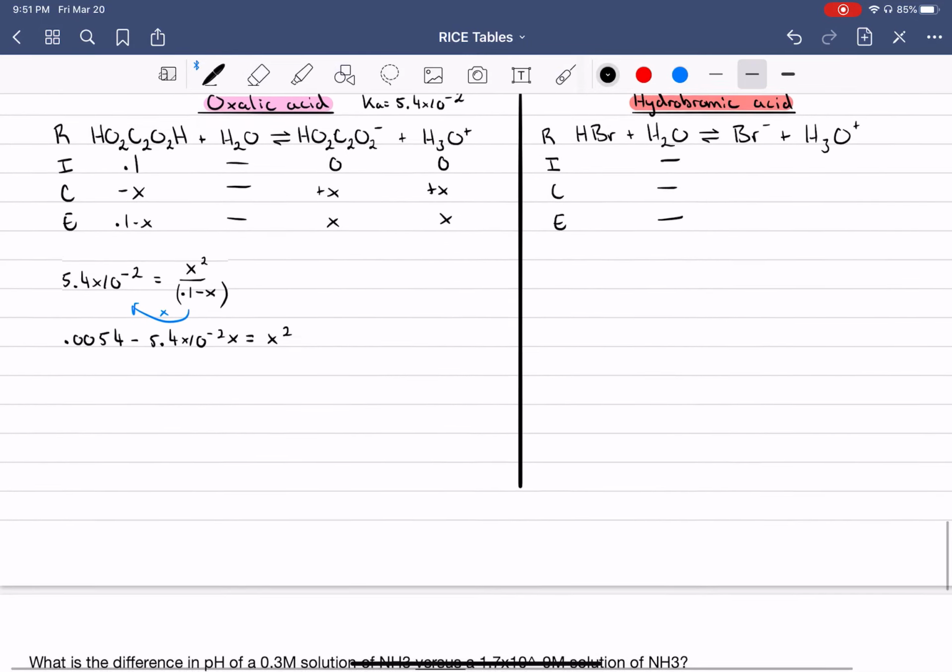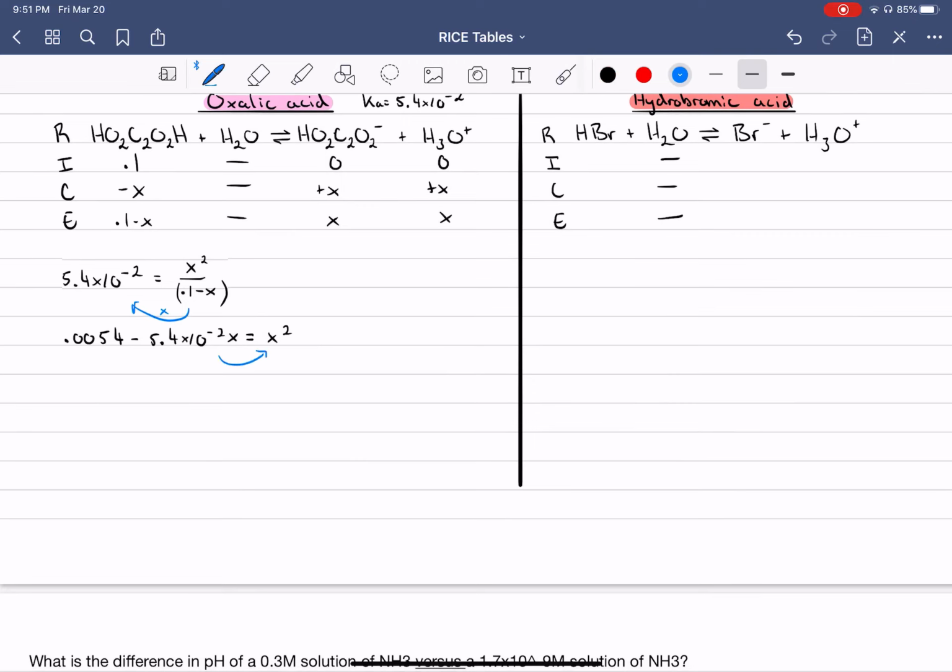Now I'm not solving for x, I'm actually going to put it into the quadratic formula. But I get 0 equals x squared plus 5.4 times 10 to the negative 2nd x minus 0.0054. Now pause it, put it into your quadratic formula, and then see what you get for x.